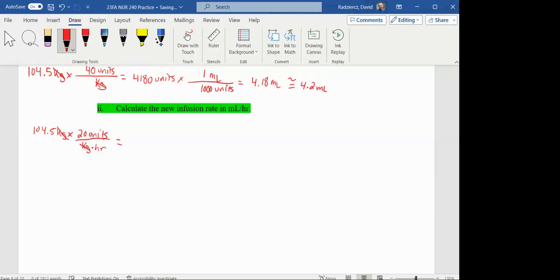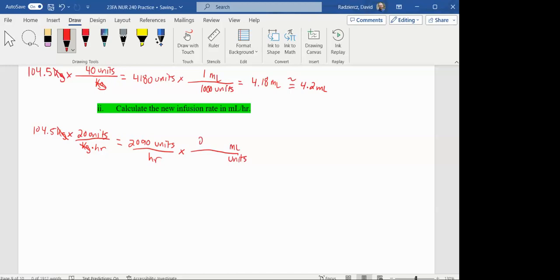That's going to give me 2090 units per hour. I'm going to use my available, which is my IV, to get rid of units and convert it to milliliters.